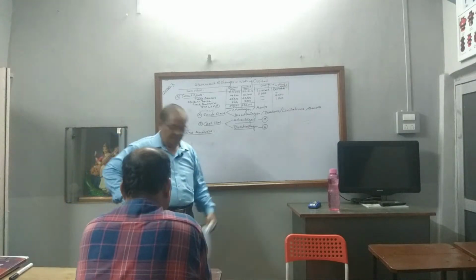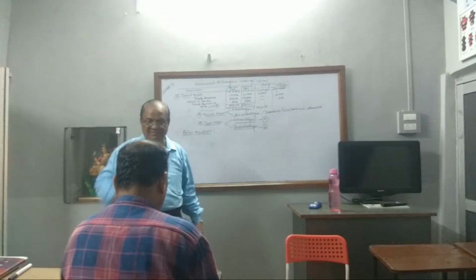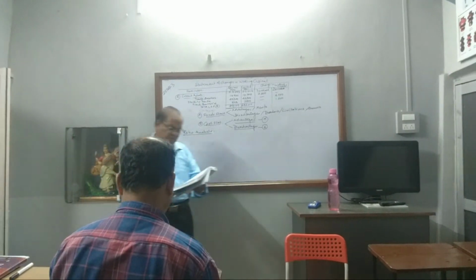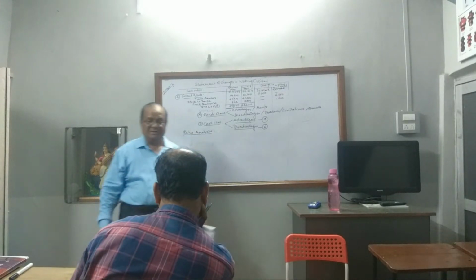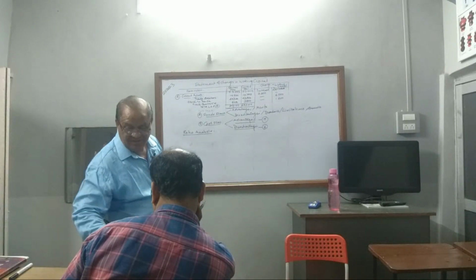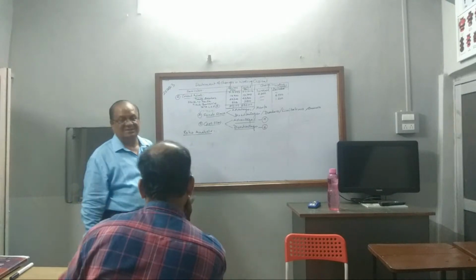Got it? Now we'll see the objectives of ratio analysis. There are about 11 objectives given here, but the points are not numbered, so you just note down the points.